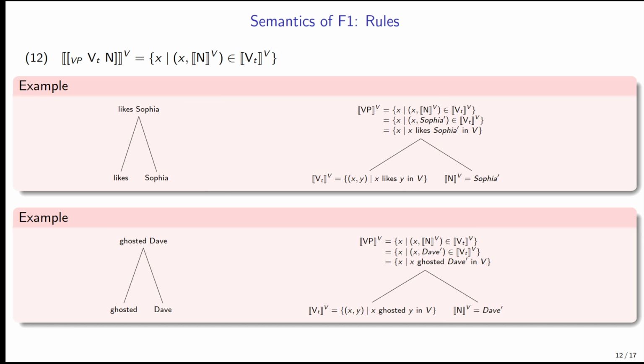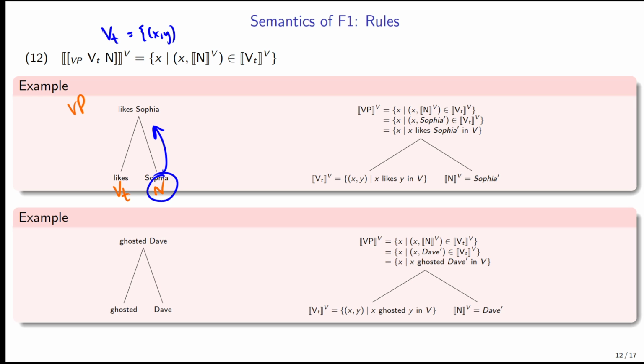Okay, transitive verbs. If we have a verb phrase, a VP, that consists of a transitive verb and an object, we have a specific rule for this. Remember, when you have a transitive verb, you're looking for pairs of things, x and y. When you take an object like Sophia and bring it into the verb phrase, you get "likes Sophia".